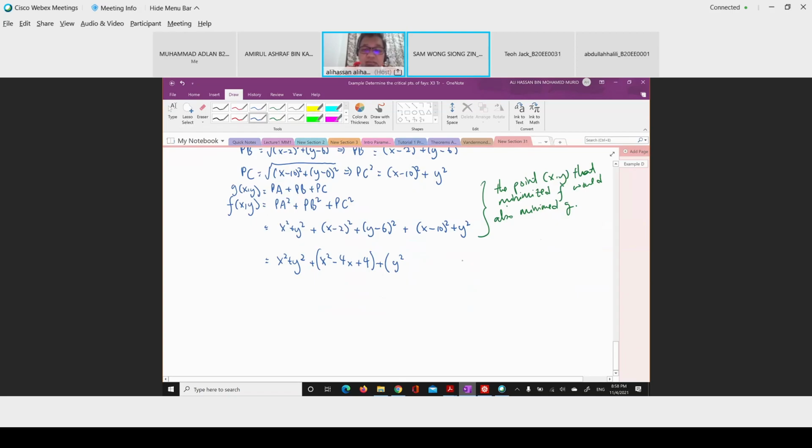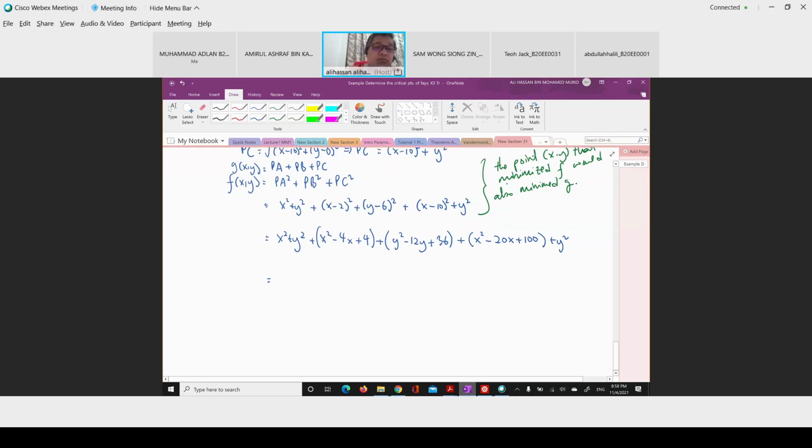And if you expand (x minus 10) squared, it is x squared minus 20x plus 100, plus y squared. Now we want to combine all the like terms.